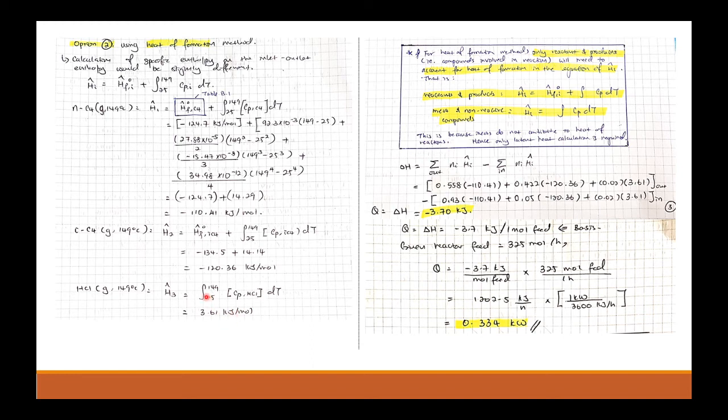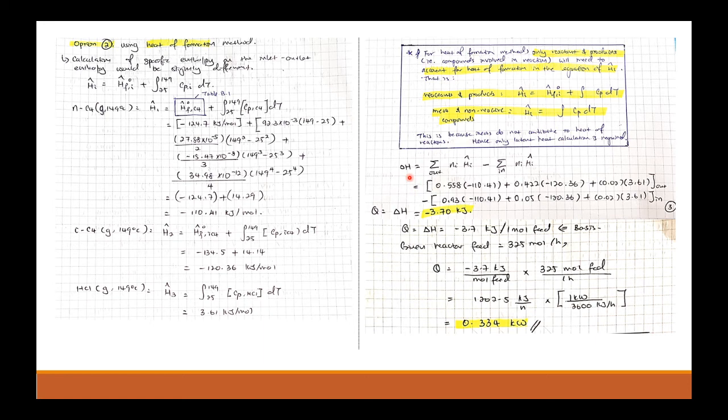If the compound is an inert, meaning it does not react with any of the components inside, then we will omit the heat of formation. Even if you go to the table, you will find a heat of formation value there, but in this case, since there's no reaction going on by this HCl, we do not put it in here. Okay, clear?